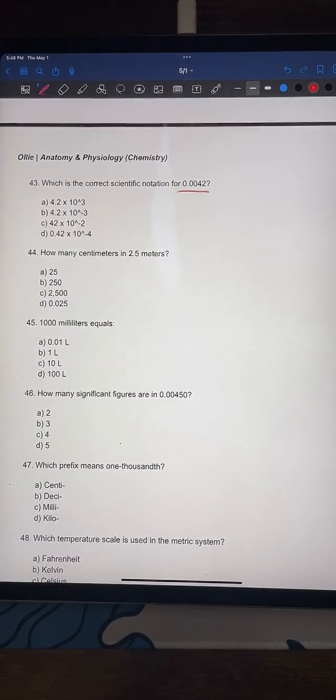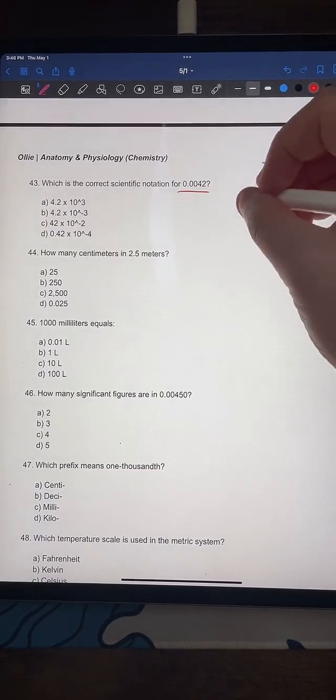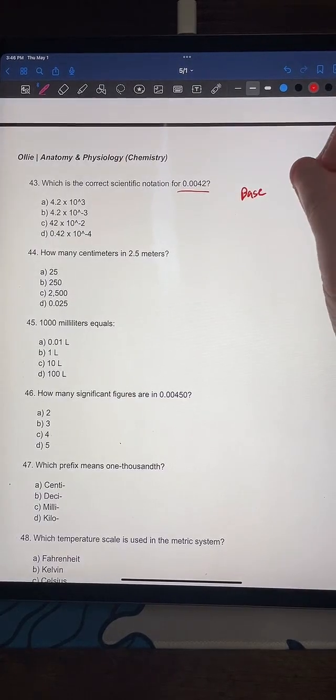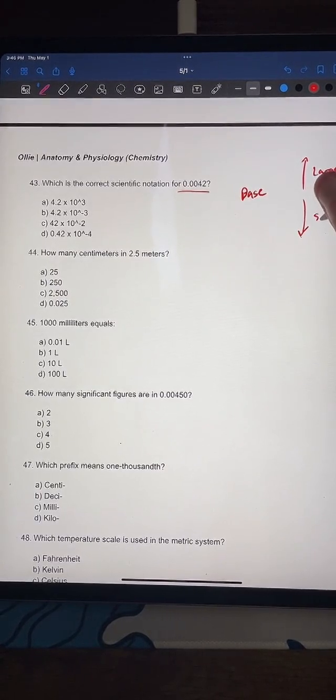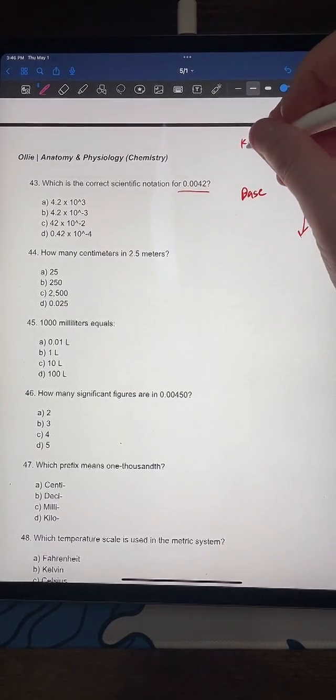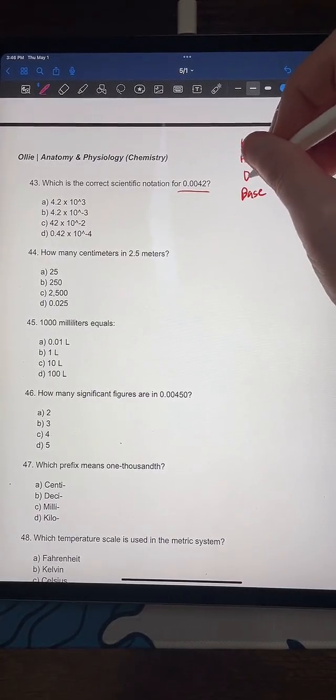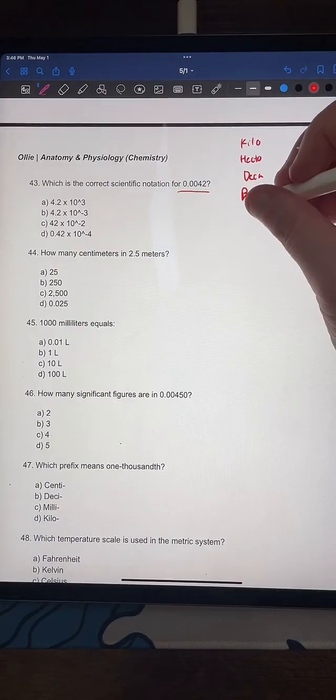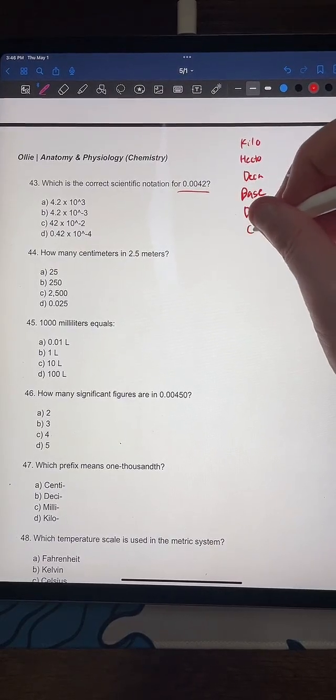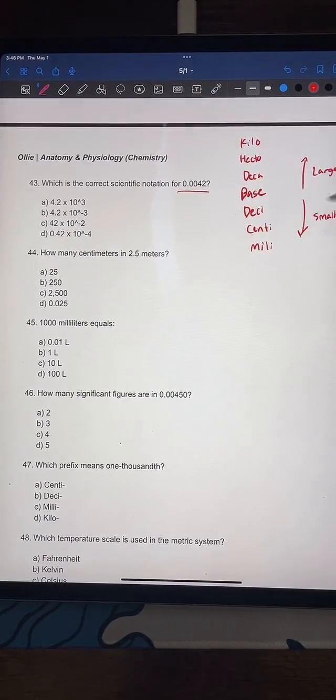So for your conversions, if you just look up a conversion chart, they're all pretty similar. You have your base unit, and everything above this is going to be larger than your base unit. Everything below this is going to be smaller. So you have kilo, hecto, deca, and then deci, centi, and milli.